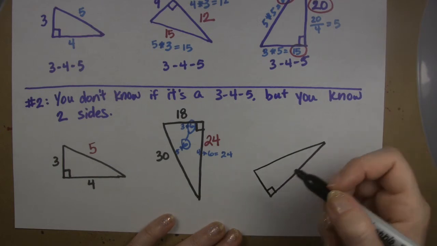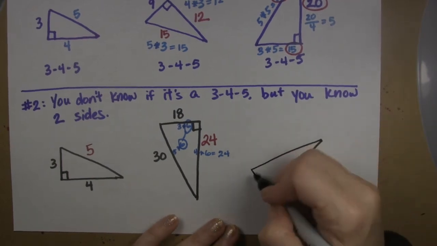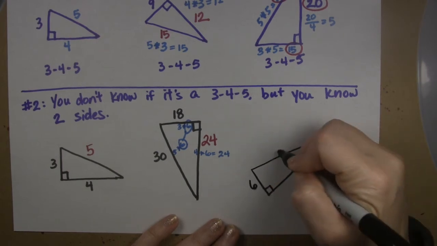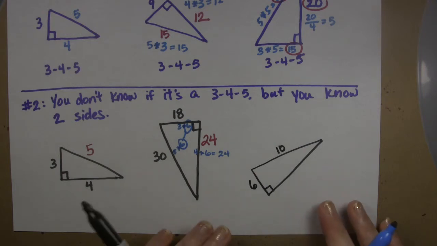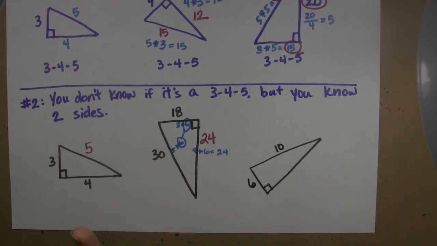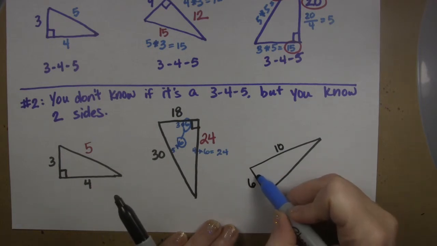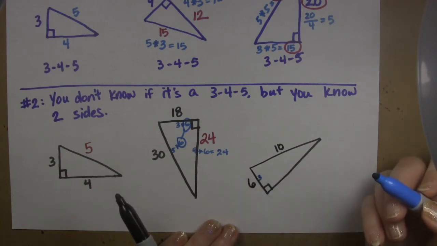So we have this triangle. We don't know if it's a 3, 4, 5 triangle, but we know that this side is 6 and we know that this side is 10. And so you think to yourself, okay, if this were a 3, 4, 5 triangle, let's just pretend, then this side right here would be my short side, so it would have some sort of measurement like 3.